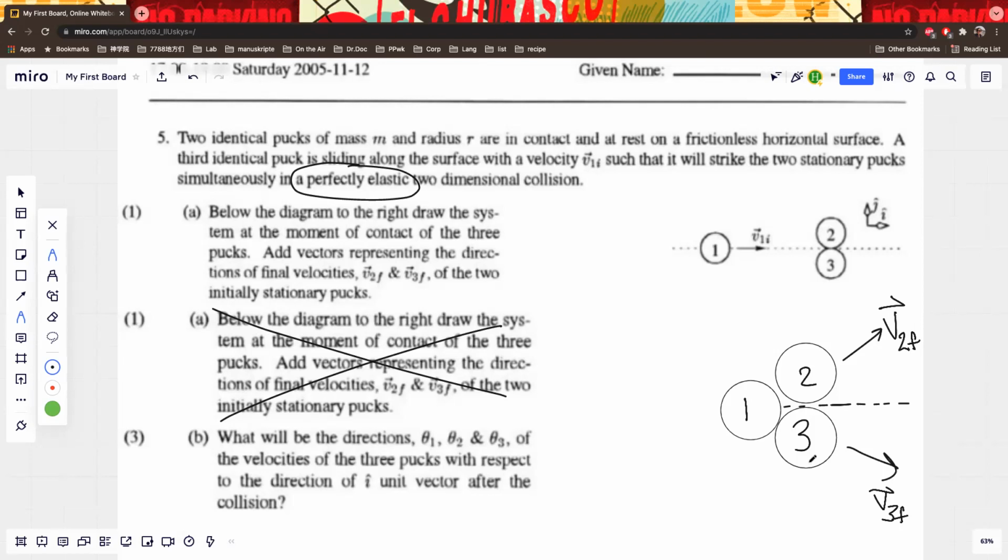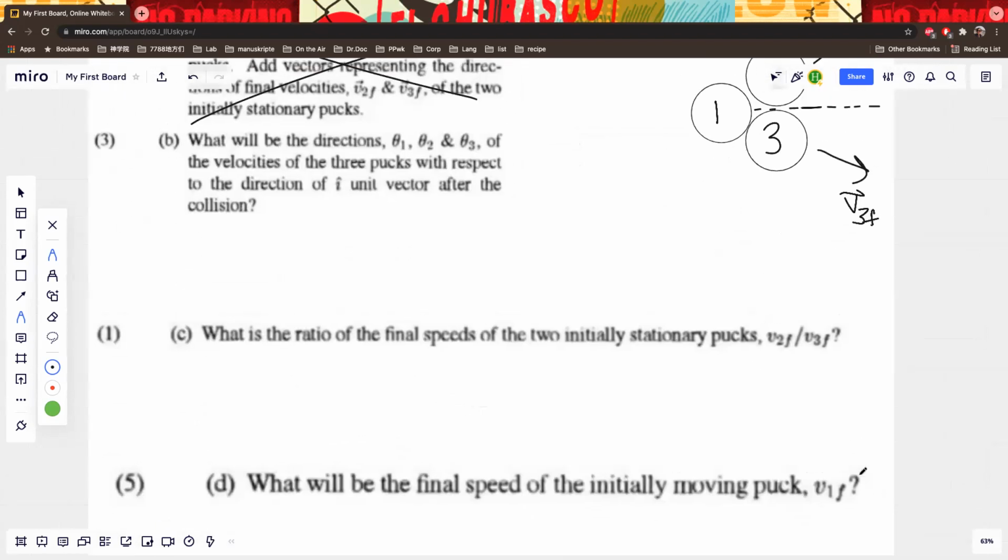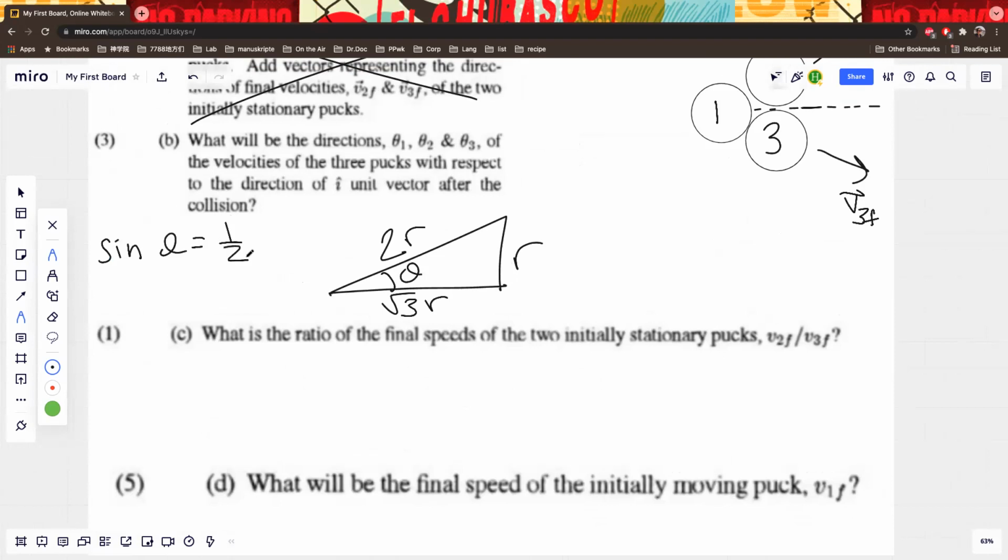In the solutions there's a diagram which says 2r and r and square root of 3r and theta. So we have sine of theta equals half and cos of theta equals root 3 over 2.